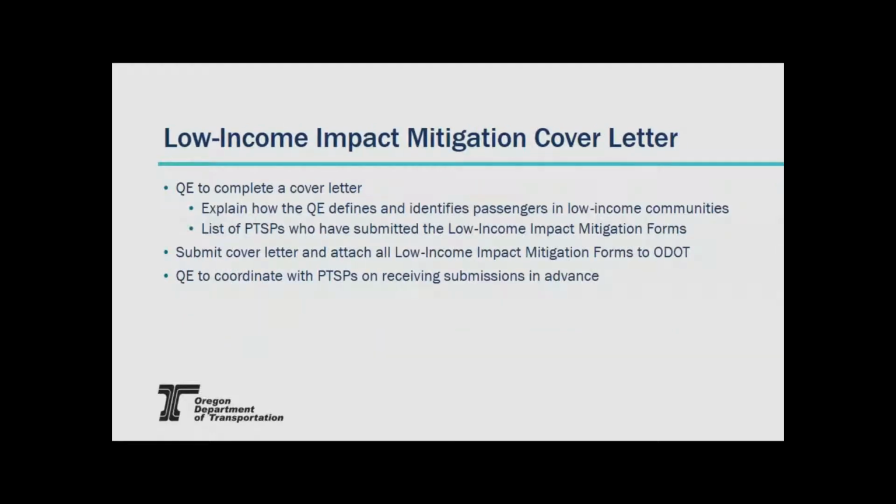For the cover letter, that is for the QE to complete. There's a section for them to explain how the QE defines and identifies passengers in low-income communities. There's an area to list the PTSPs who submitted the low-income impact mitigation forms, and they're going to submit that cover letter and attach all low-income mitigation forms to ODOT.